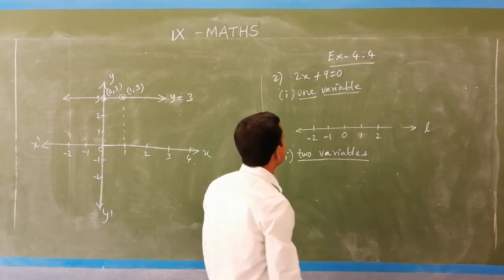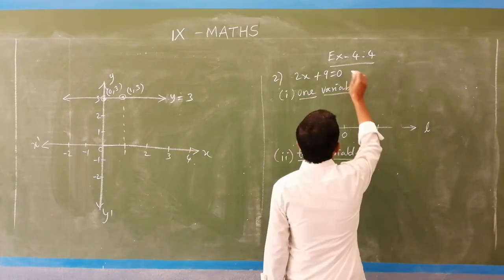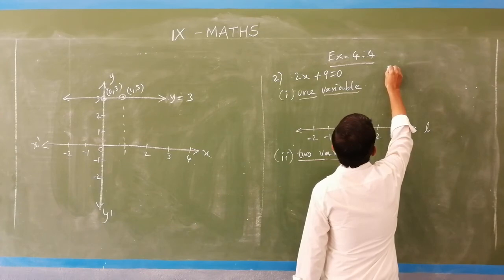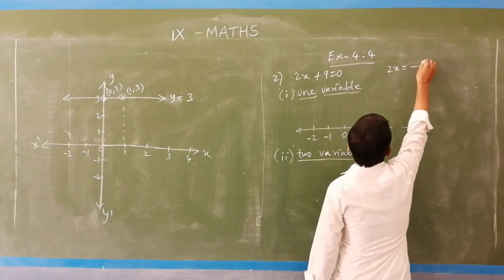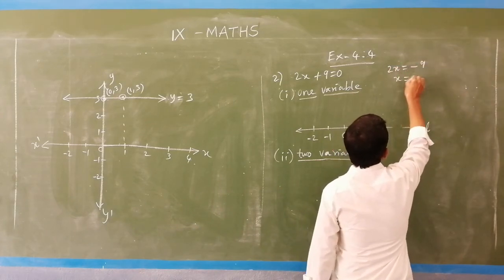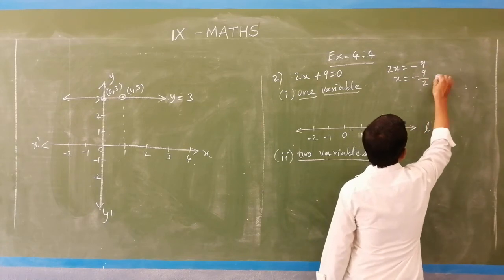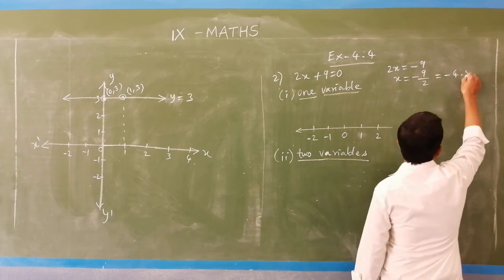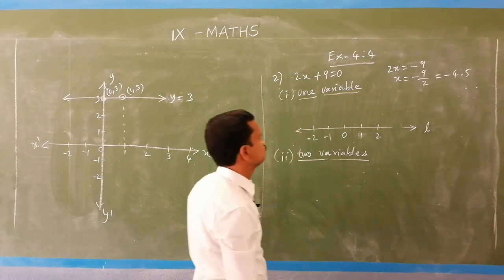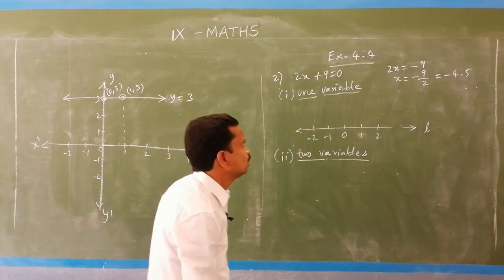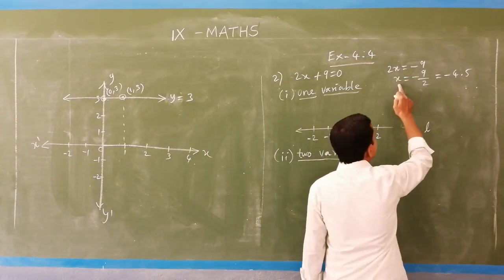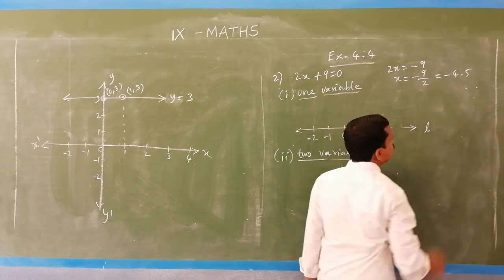You can write this equation as 2x equal to minus 9, so x equal to minus 9 by 2, which is nothing but minus 4.5. For our understanding, we can write below the equation 2x equal to minus 9 and x equal to minus 9 by 2, that is minus 4.5.